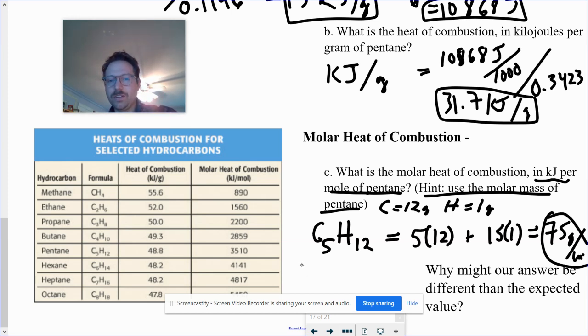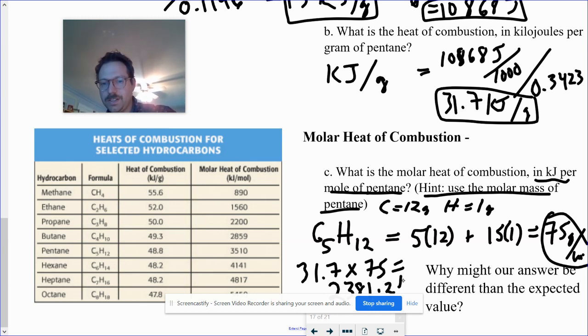So I have to take 31.7, multiply it by 75, and I get 2,381.2. This is kilojoules per mole.